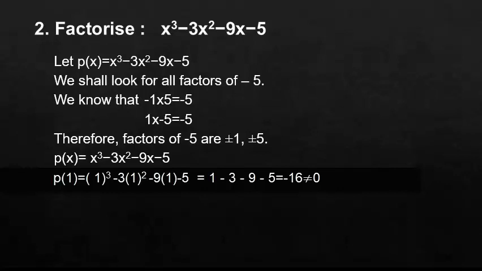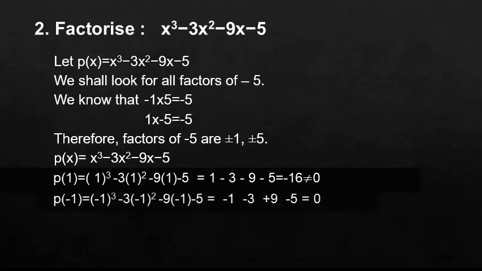Until you get 0, you will keep on substituting the values. Now the next value is minus 1, so I am substituting that. P of minus 1 is equal to, again, instead of x I am putting minus 1.